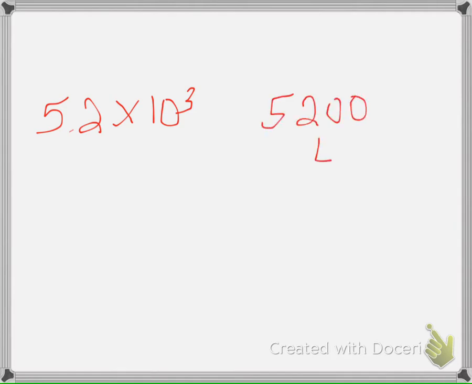And this is a large number. And the one we just worked out was 9.65 times 10 to the negative fourth power, which was 0.0000965.